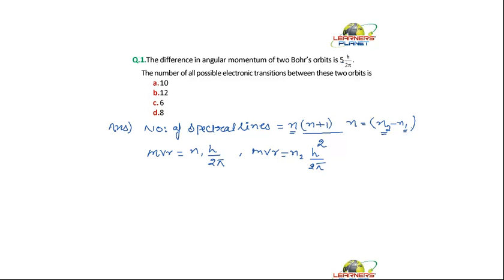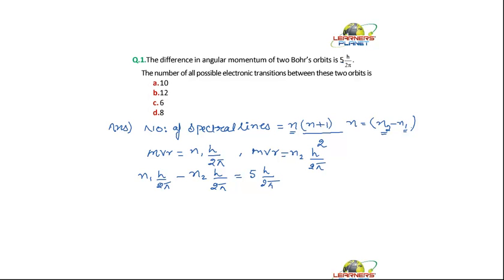Now the difference between these angular momentums, that is n1h by 2 pi minus n2h by 2 pi, is equal to what, students? It is 5h by 2 pi.